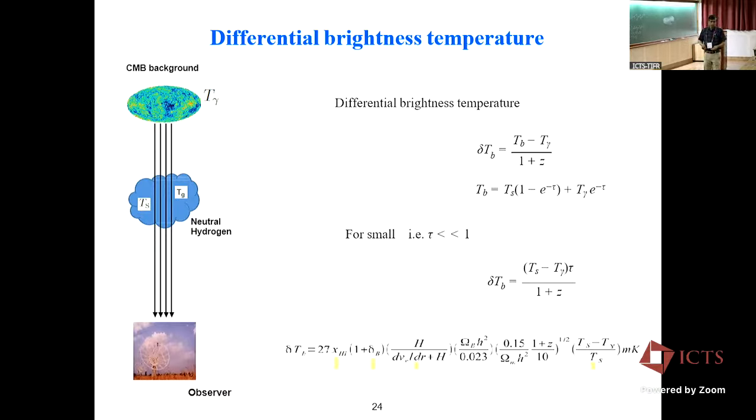Okay, so one last calculation that I did not talk about is tau, the HI optical depth. How to calculate tau? I will not go into the details, but I'll give you a very quick overview of how to calculate it.